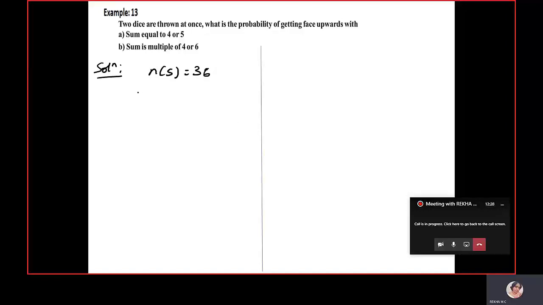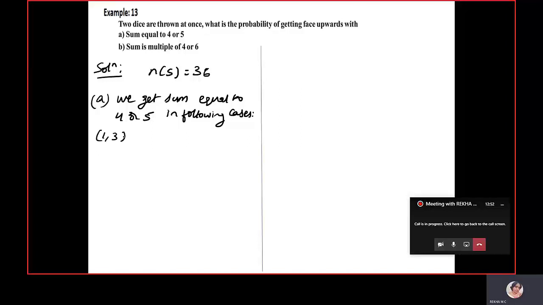That is total number of cases. Subquestion A, we get sum equal to 4 or 5 in following cases. That is 1, 3, 3, 1, 2, 2, 1, 4, 4, 1, 2, 3, 3, 2.